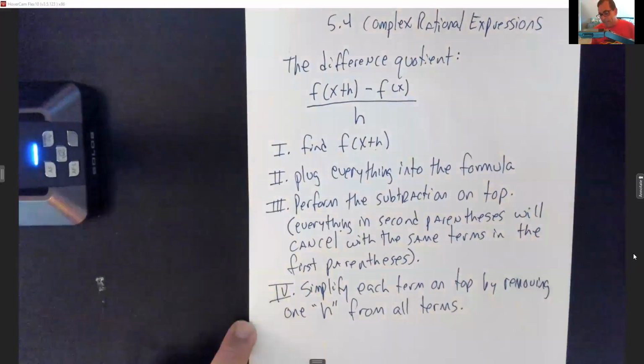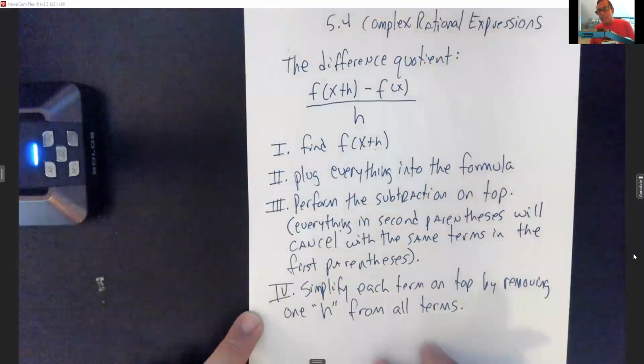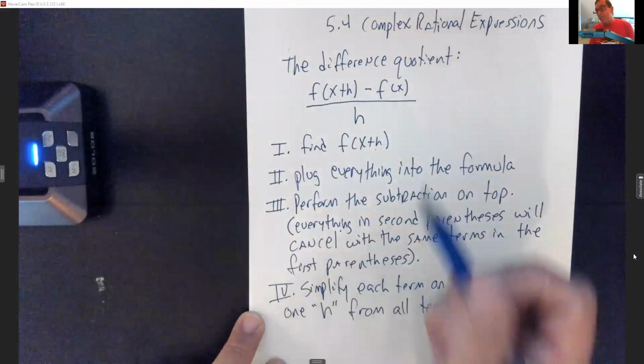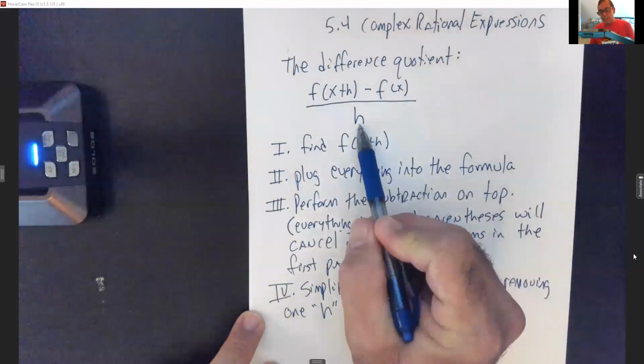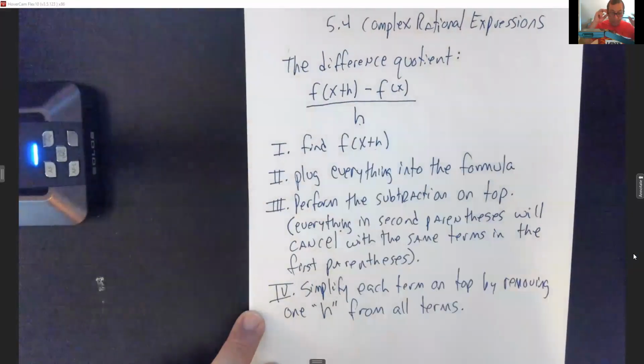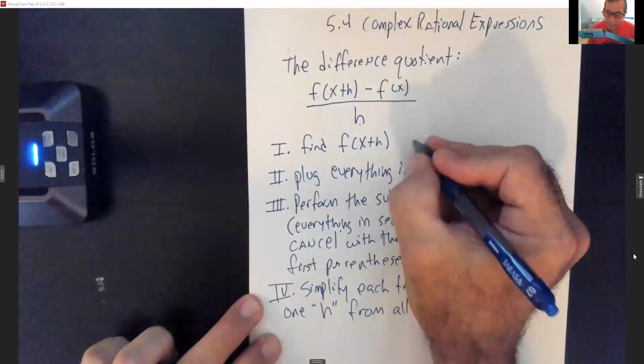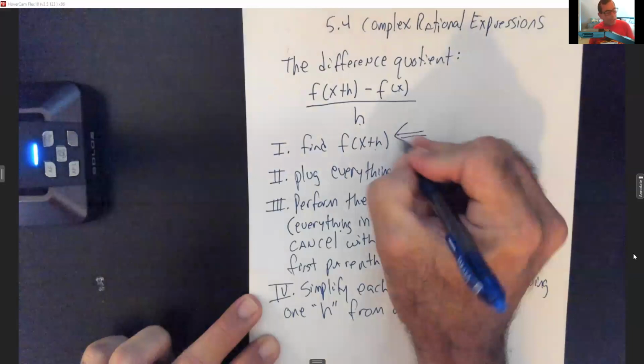That's basically the last step, to divide all the h's out, because you're going to have h's on top. And since this whole formula is being divided by h, we got to simplify them out at the end, okay? So really the trick on this formula is finding the f of x plus h part of it.